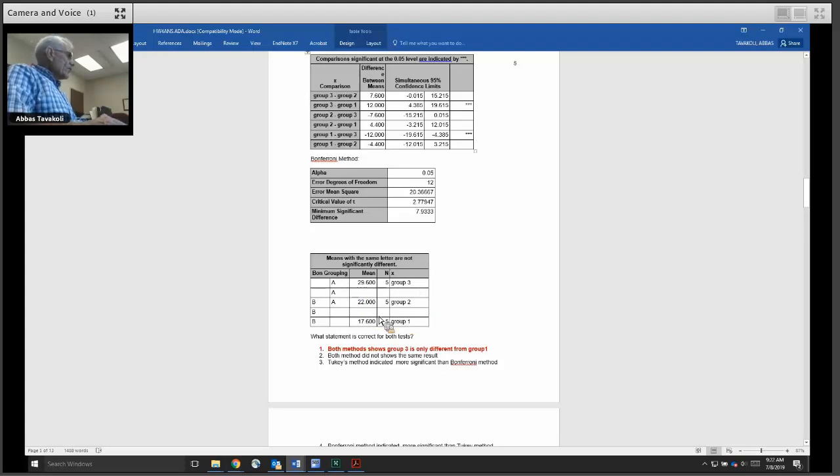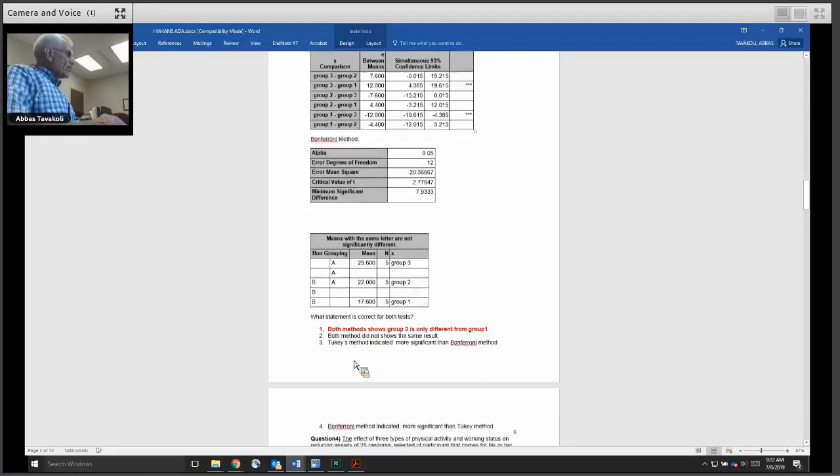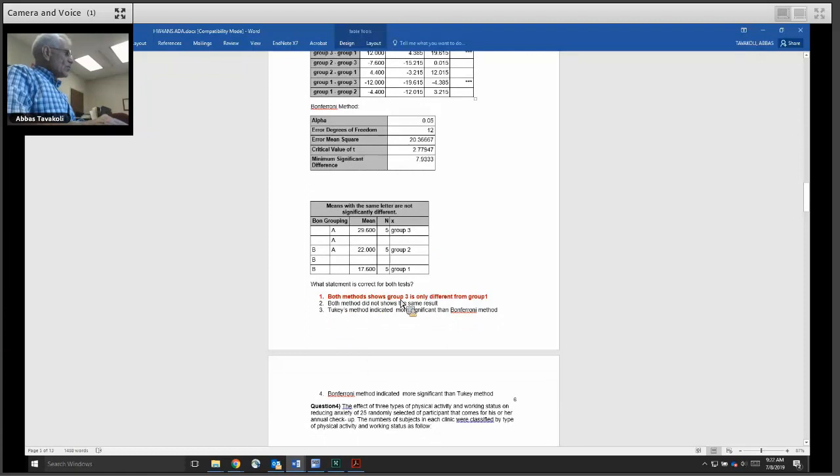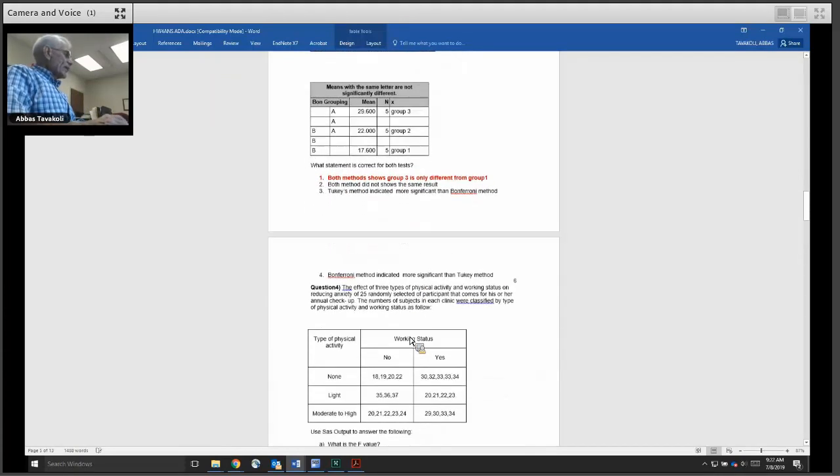Also group 2 and 1 are connected with each other, so it's not significant. The only comparison left is group 3 versus group 1, which has no common letter connecting them, so it's significant. Both methods show group 3 is only different from group 1. That was the correct answer.